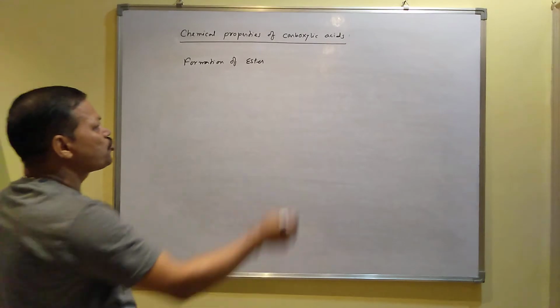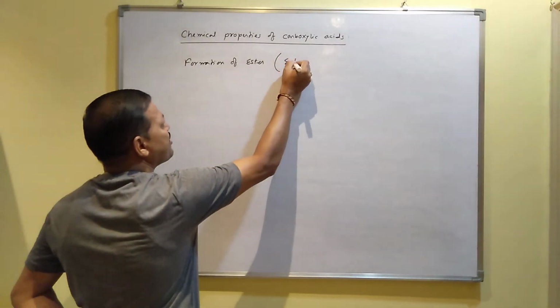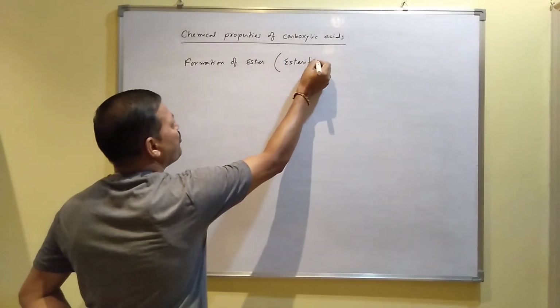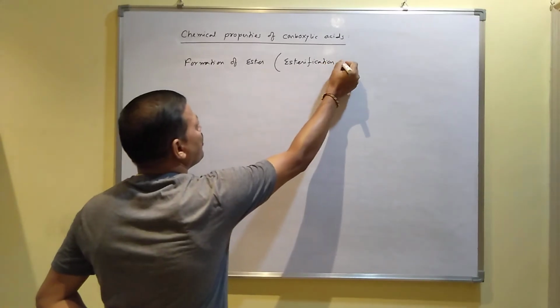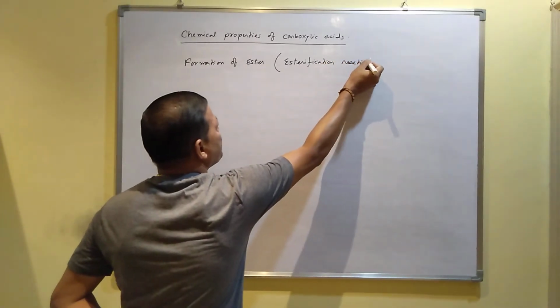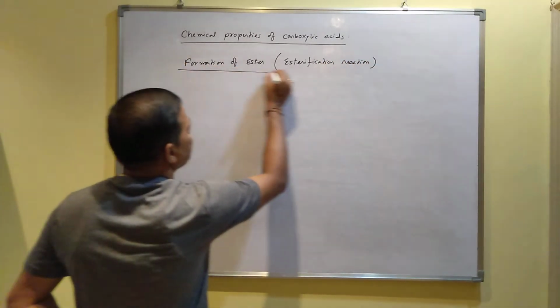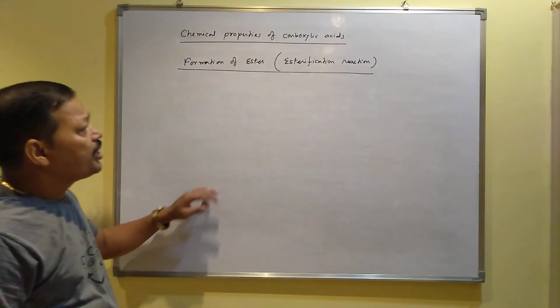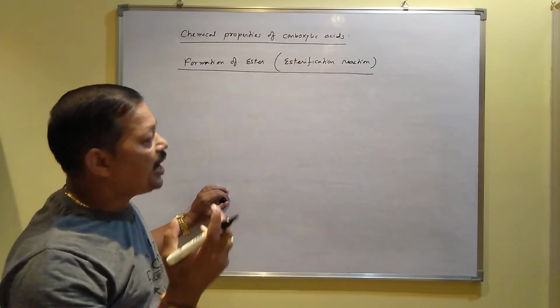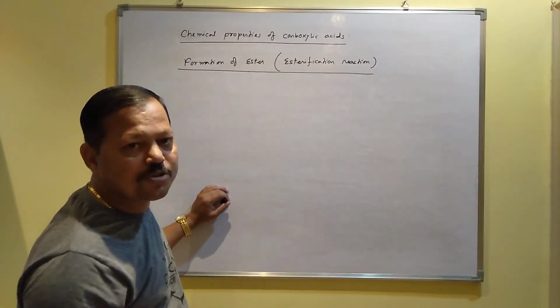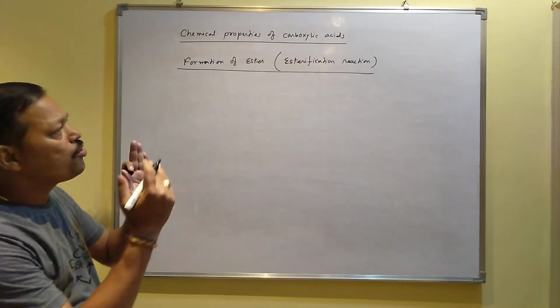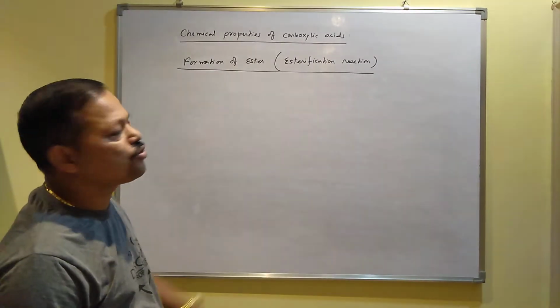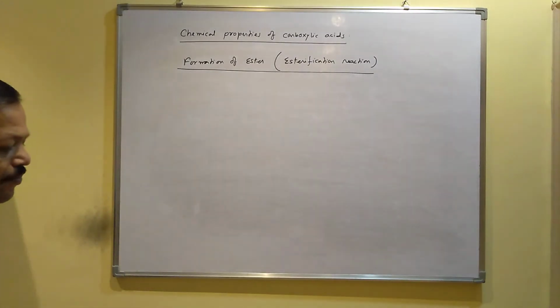This reaction is also called the esterification reaction. It is a very important reaction, and the mechanism is also required for this reaction. Here in this reaction, ester will be produced, the sweet smelling organic compound, and due to formation of ester as the product, the reaction is called esterification reaction.